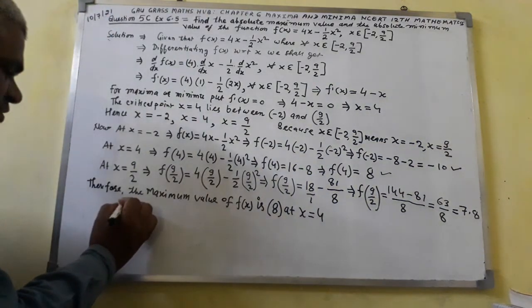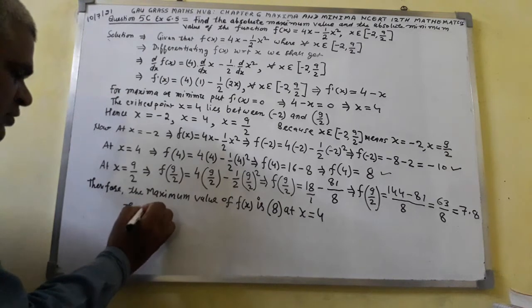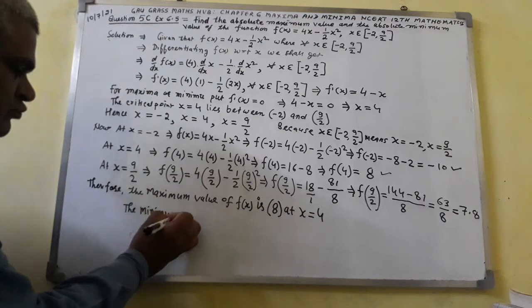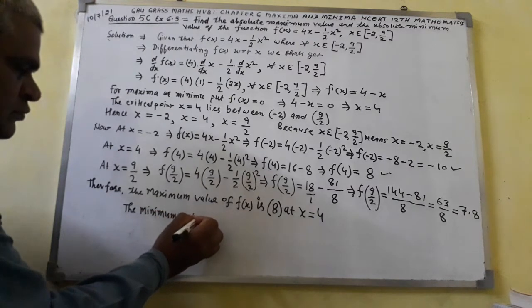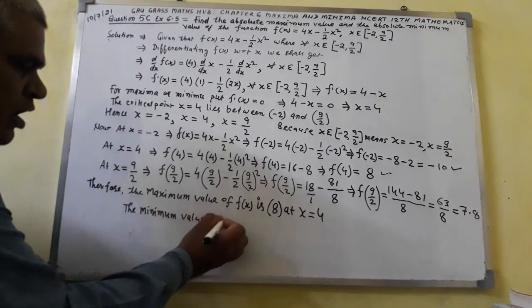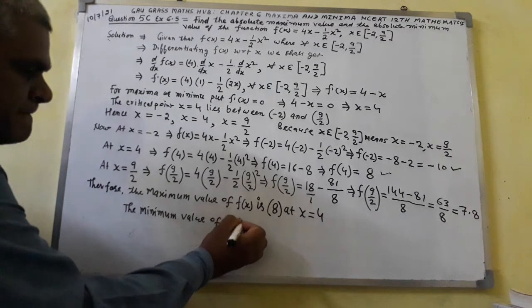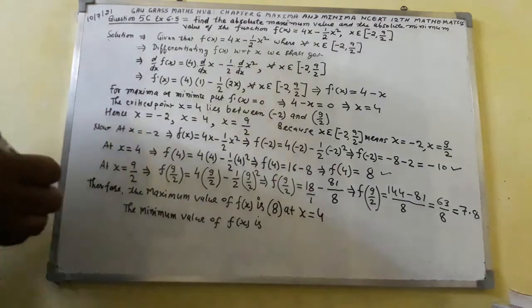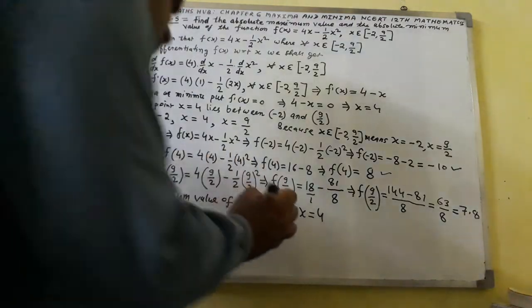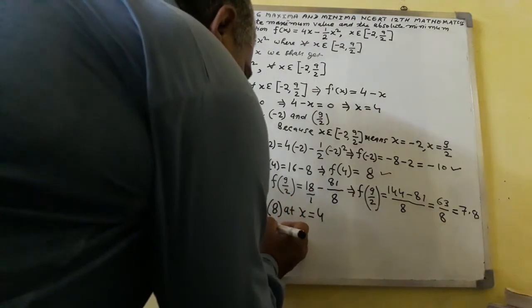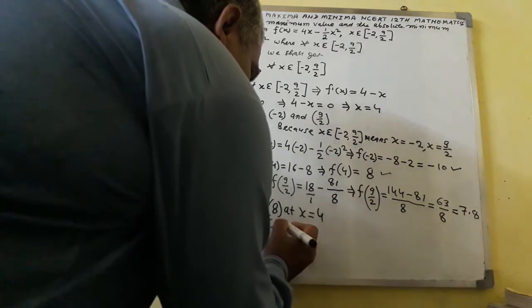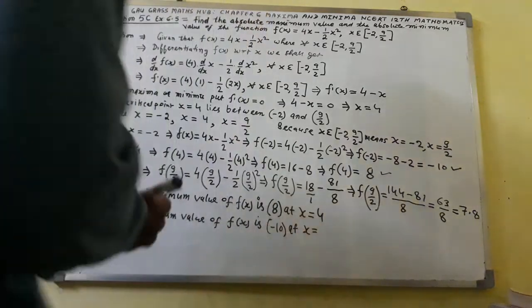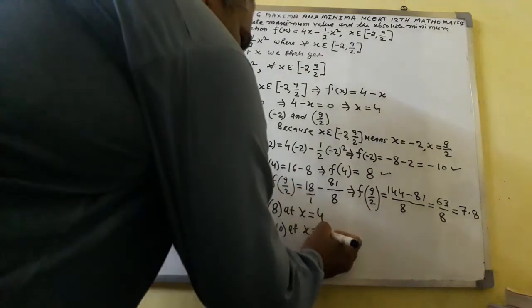Again I shall write the minimum value of f of x is minus 10, in bracket minus 10, at x equal to minus 2.